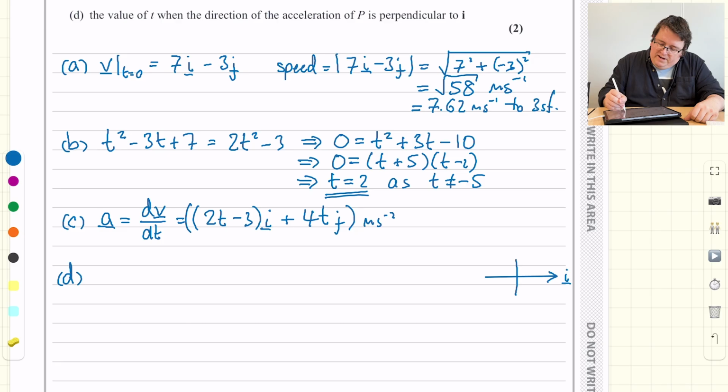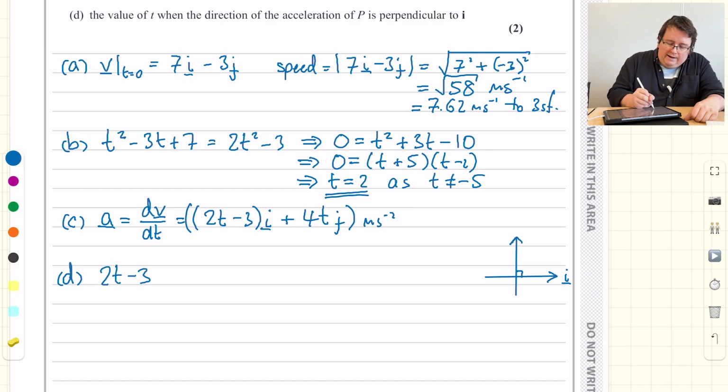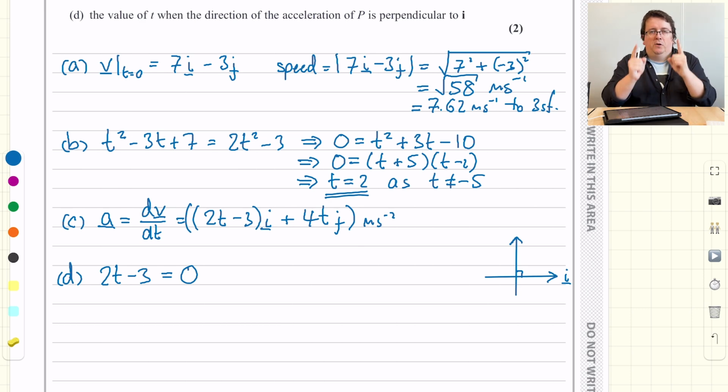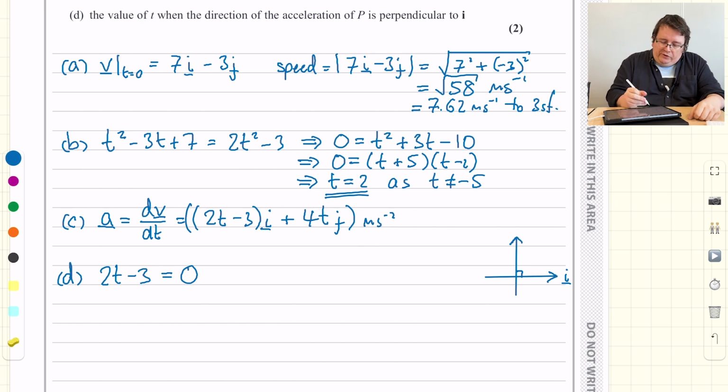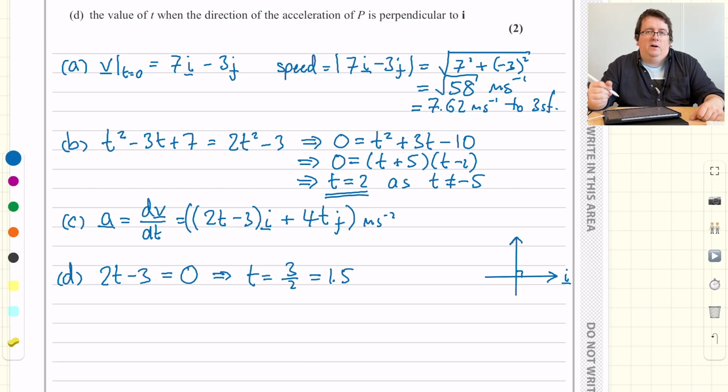So if it's perpendicular to i, then that must mean that we don't want to be travelling horizontally, and so the 2t minus 3 has to be equal to 0. So the horizontal component of the acceleration has to be equal to 0. So t would be 3/2 or 1.5. Okay, and that's my answer to part D.